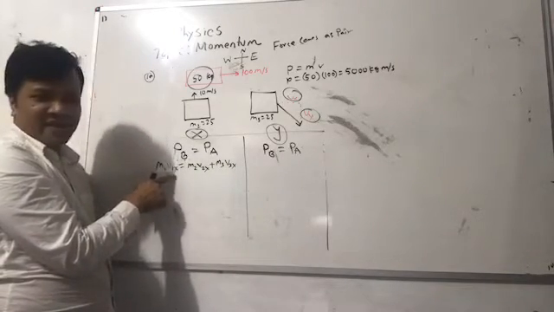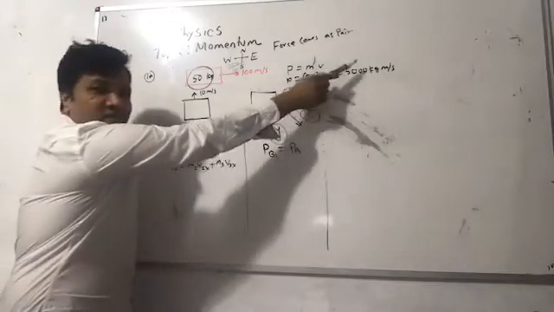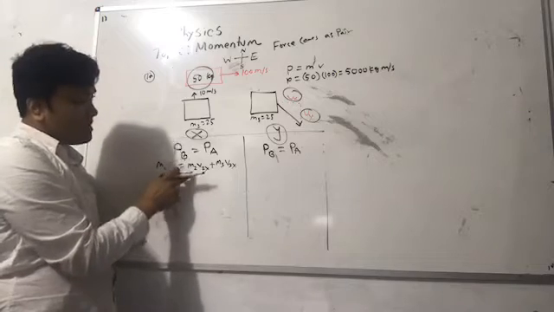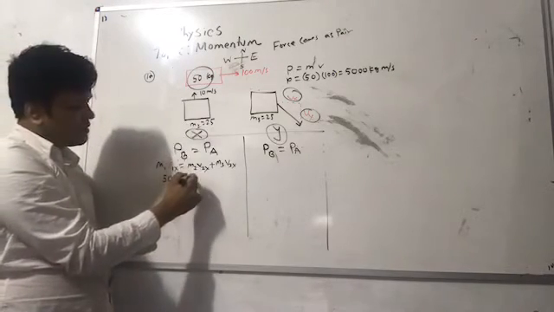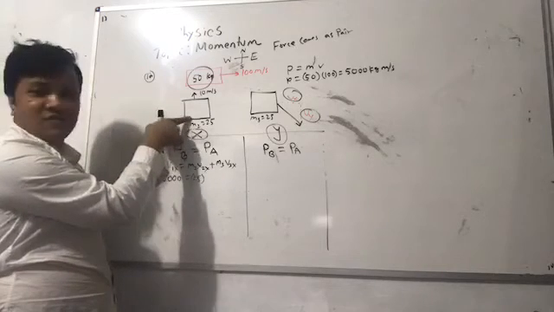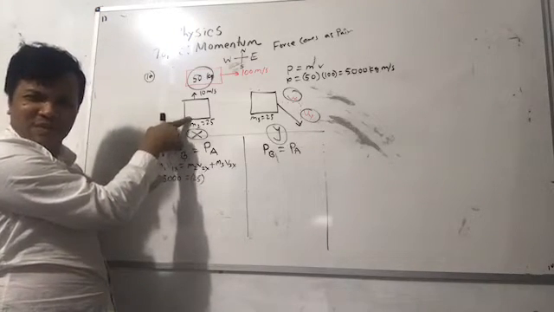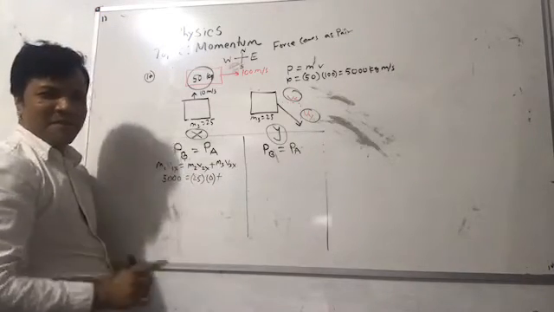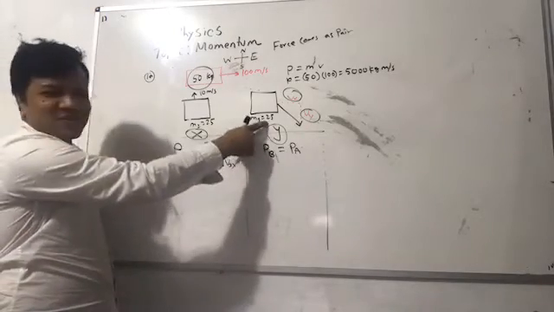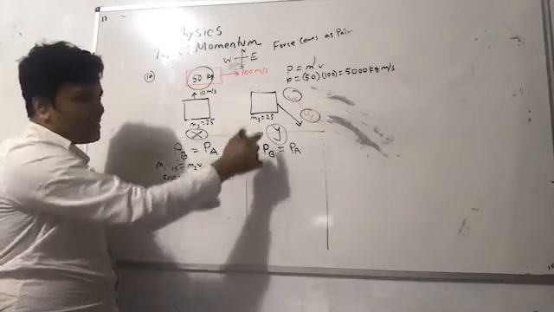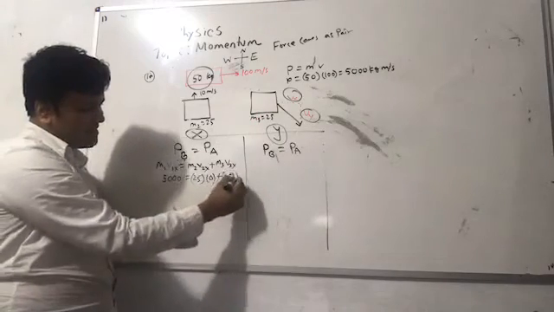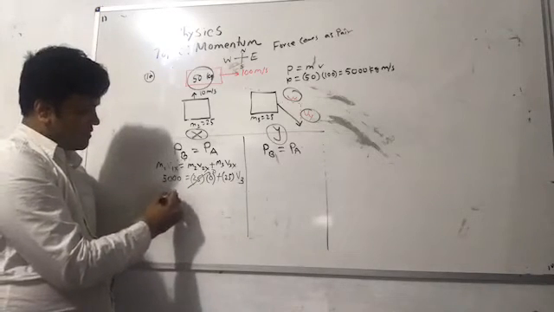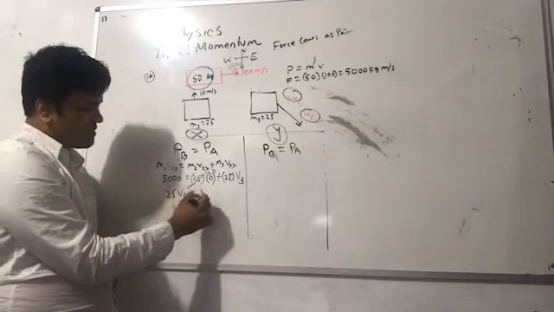So m1 v1x, we already found that earlier, 5,000. m2, you notice that 25. v2x, there is no x component of the velocity, it's just y. So you're gonna write 0 plus m3, you notice that m3 is 25. And v3 is something we're trying to find. So this is 0. So 25 v3x is equal to 5,000.